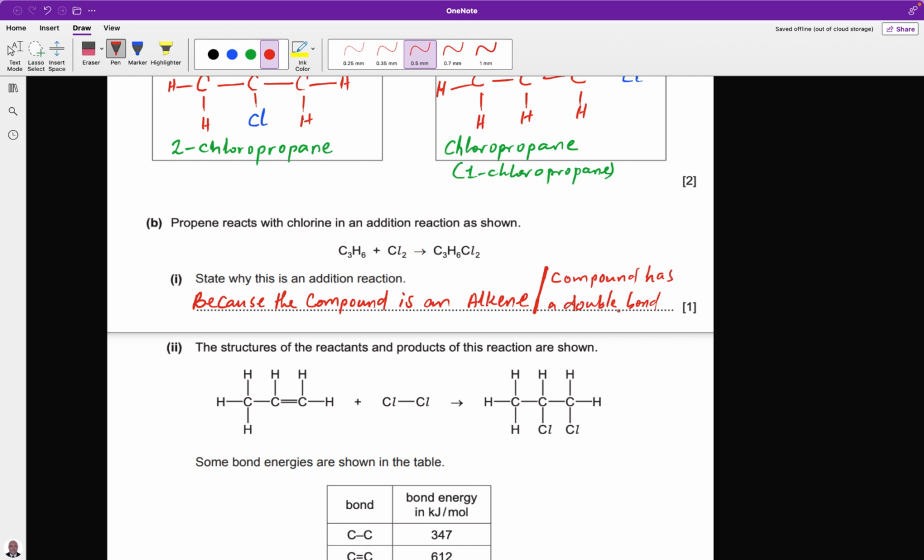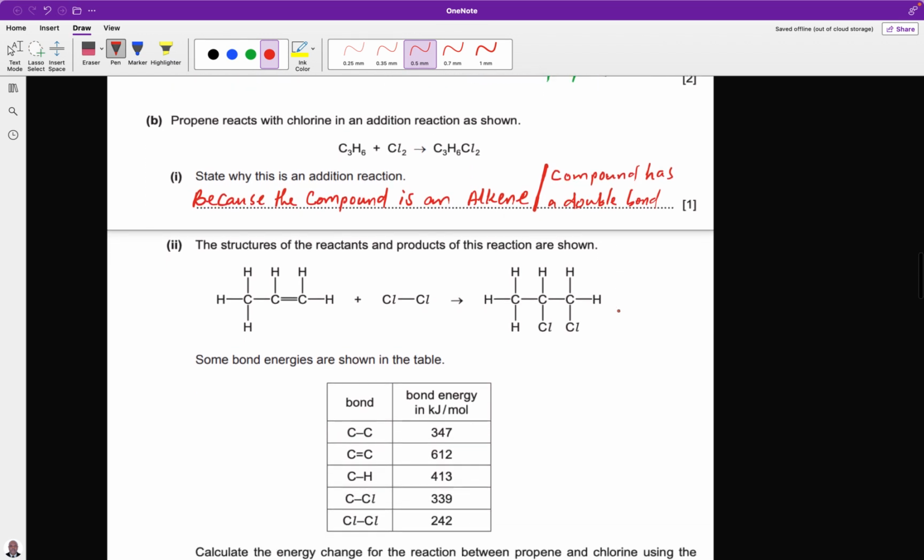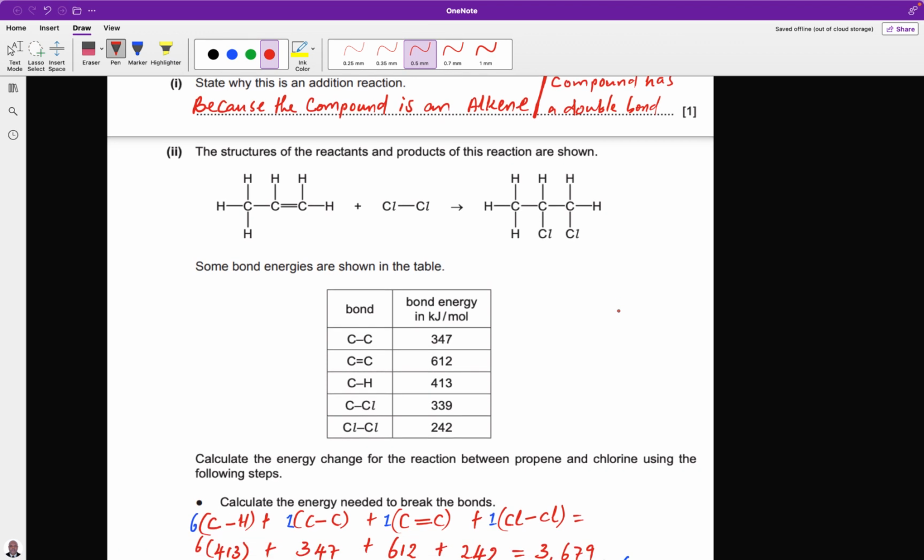So you can write because the compound is an alkene, or the compound has a double bond. It's acceptable.